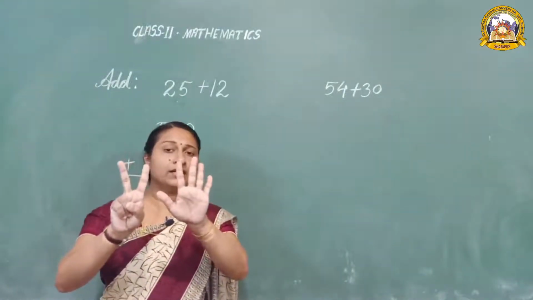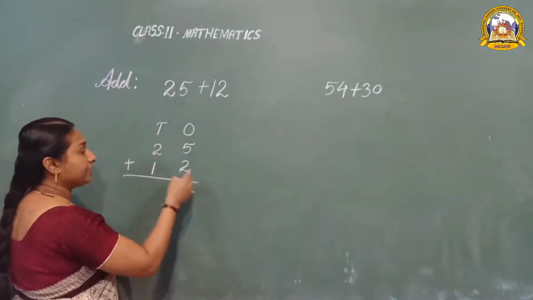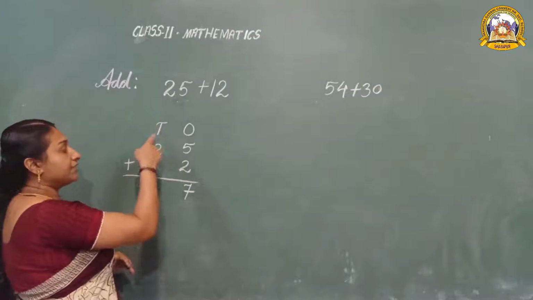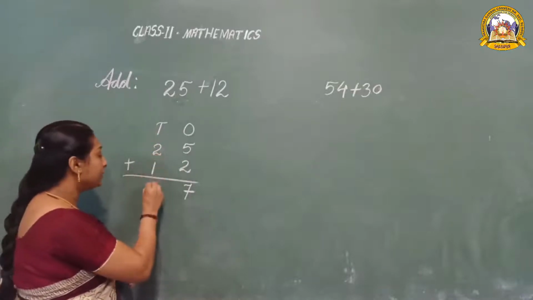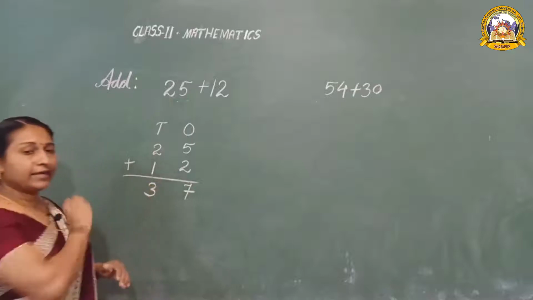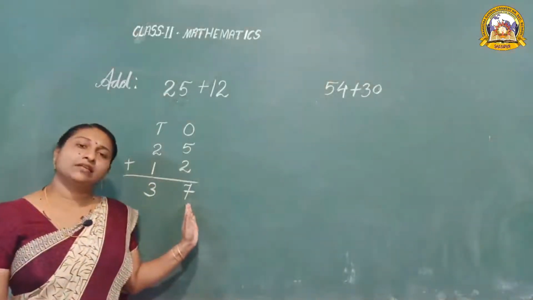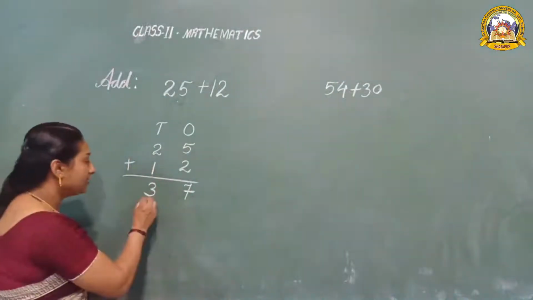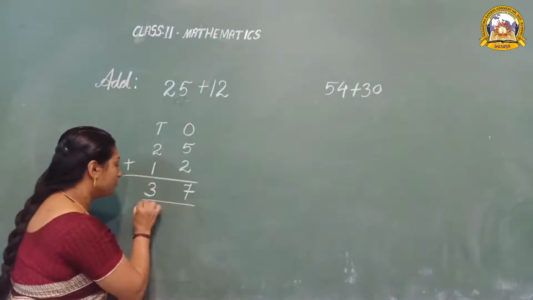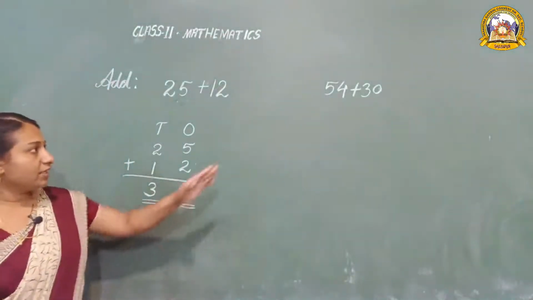Now the total is 7. Next, 2 tens plus 1 ten. 2 plus 1, total 3 tens. Now our answer is 37. Okay. Then give 2 lines under the answer.